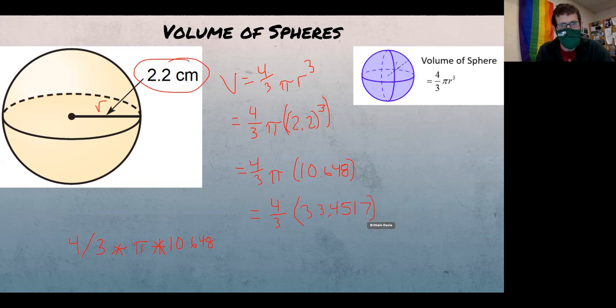Okay, I'm keeping a lot of extra digits right now. In the end, I'm going to round to the tenths, but I want to keep these digits for now. So at this point, I can plug this into my calculator and it might look like this. So I could just have 4 divided by 3 times 10.684.